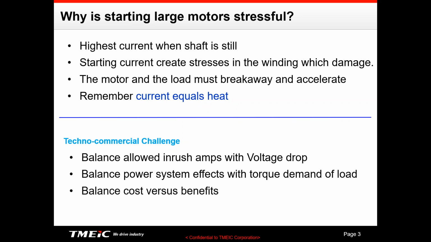You also need to balance the power system effects with the torque demand of the load, because a high starting torque application requires very high starting current, which leads to a much higher voltage drop. Also, you need to balance the cost versus the benefits associated with your choice of starting method.